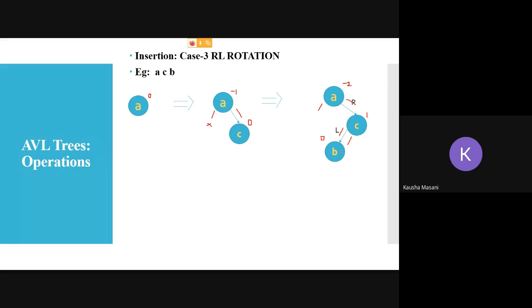Okay, so in order to convert this into RR, you are going to do one right rotation. Okay, right rotation from where? From this C. Okay, so once you do that right rotation, what will happen? Your tree will be something like this.